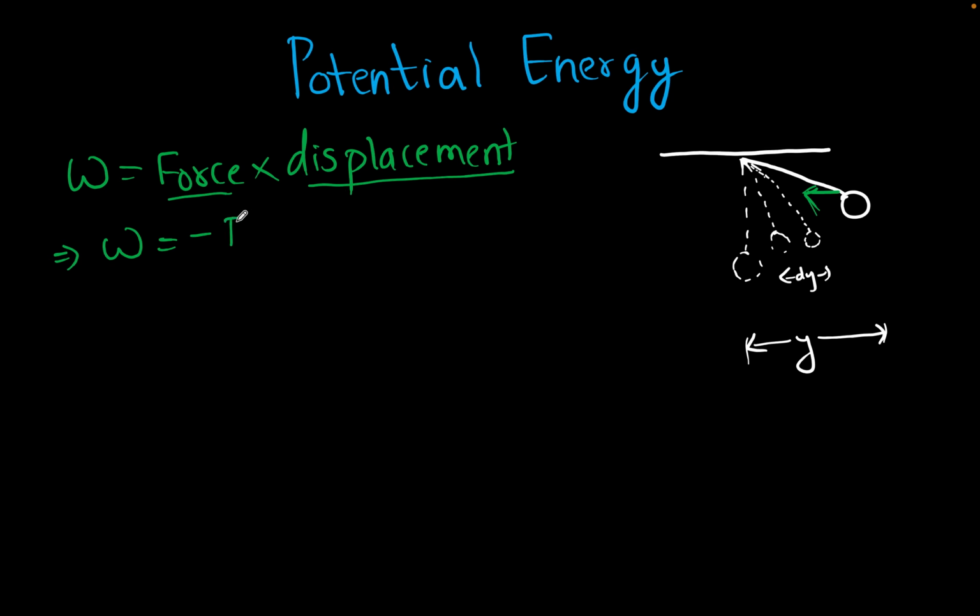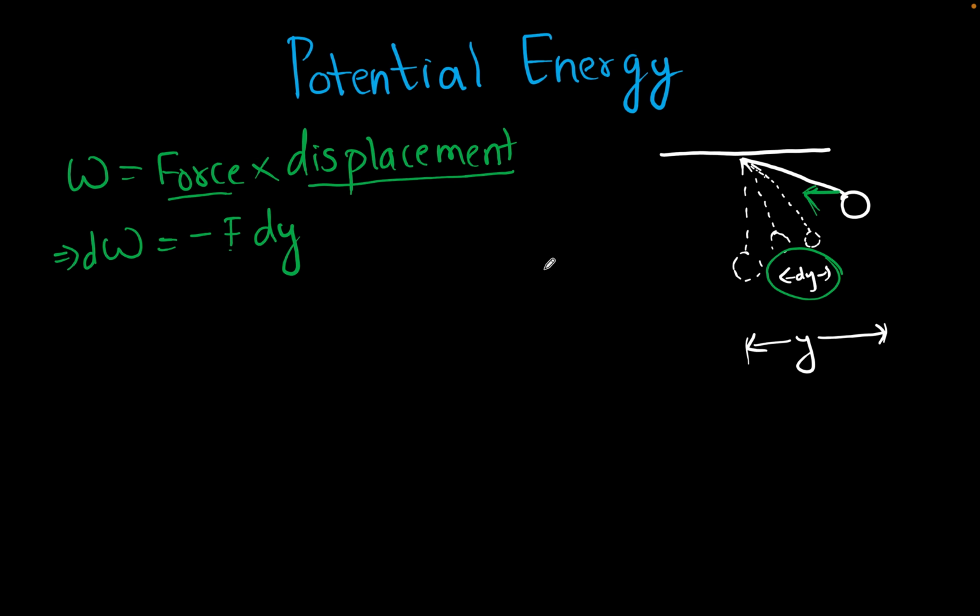Now force is going to be F and our displacement is going to be dy. Now if you see this right here, force times displacement is a really small quantity, right? Force times a really small displacement is going to be a really small work done too. So we will write small work done.